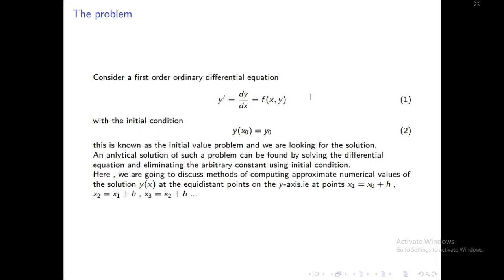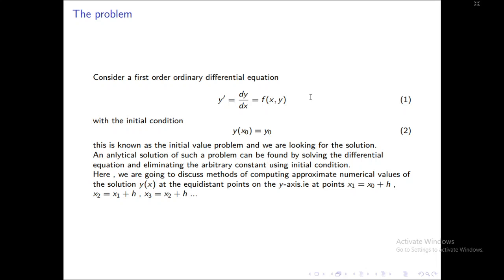So here we are going to discuss a first degree ordinary differential equation, which is of the form dy by dx is equal to f of x, y. Usually we are dealing with initial value problems, that is, a differential equation together with an initial condition, y at x naught is equal to y naught.